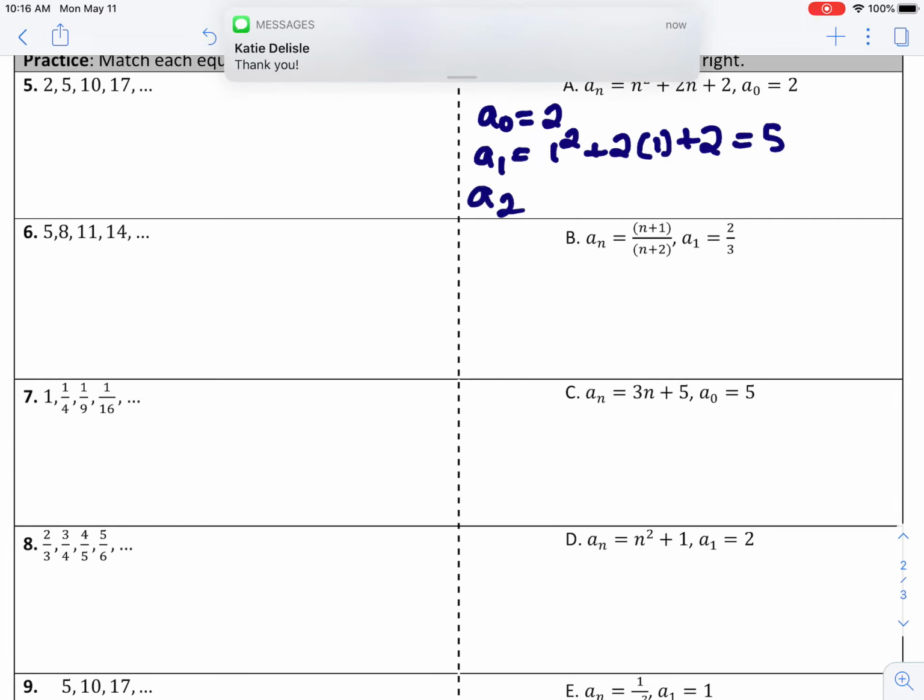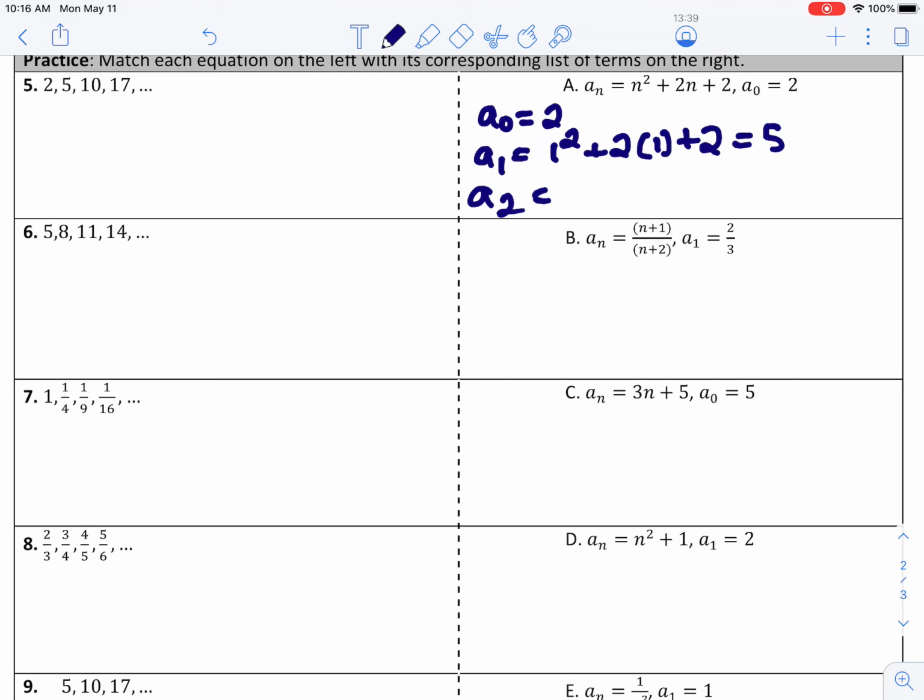Then a sub 2 would be equal to 2 squared plus 2 times 2 plus 2, which is 4 plus 4, 8 plus 2 is 10. So I have a sub 0 equals 2, a sub 1 equals 5, a sub 2 equals 10.